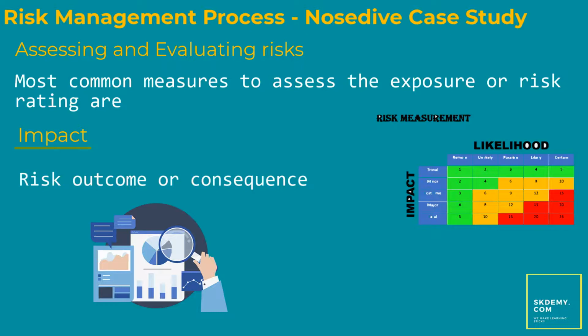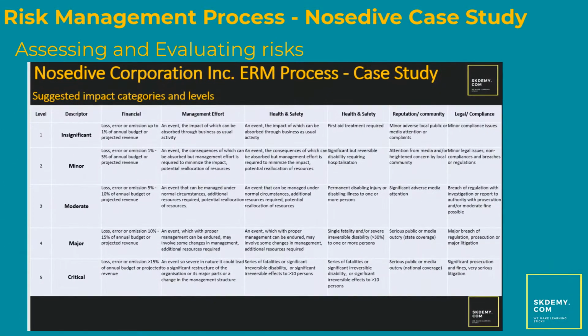Usually the highest rated impact is selected to be included in the rating calculation. For example, if there are 2 possible impacts of a risk, such as financial and reputational, then the one with a higher rating will be selected to become part of the rating of that overall risk. Have a look at the impact categories in the case study support doc and you will know what I mean.